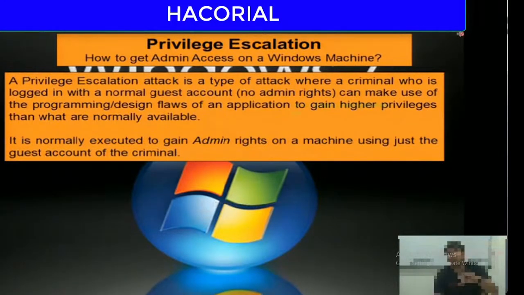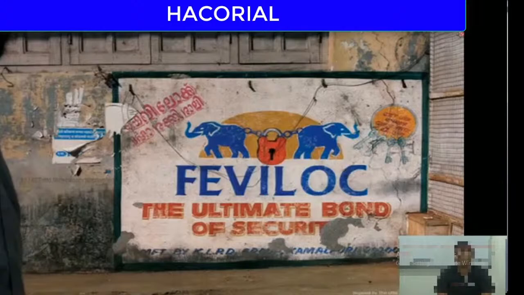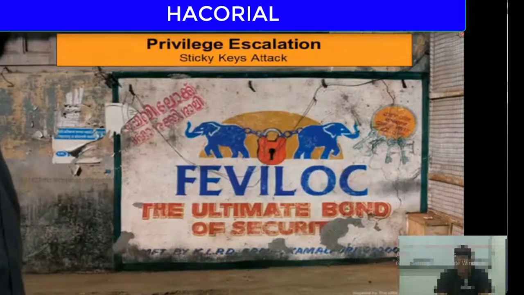Typically in your college, you're given a particular account, but it's a regular user account, not an admin account. Privilege escalation is a technique that allows you to convert a normal account into an admin account, so that you have full privileges, full access to everything on that system.